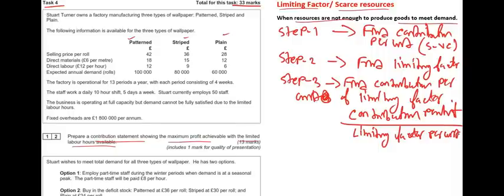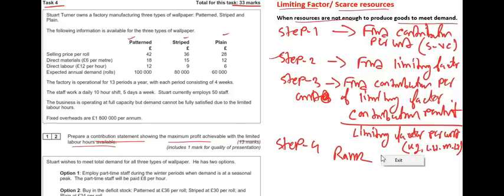Limiting factor per unit could be kg, it could be labor hour, or it could be machine hour. We'll look for what our limiting factor is over here. And then the 4th step is ranking. Okay, note all this down. We'll jump into the question. Then this board will be clear and we will be doing our work.